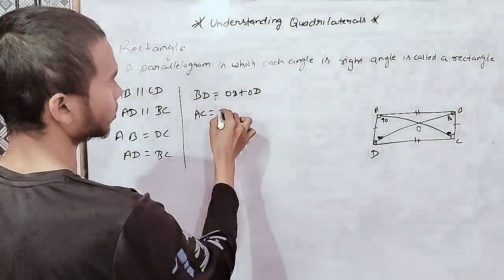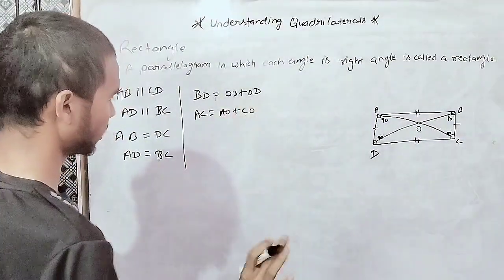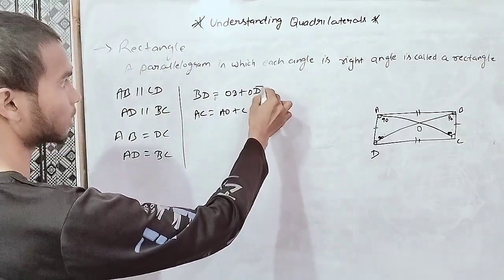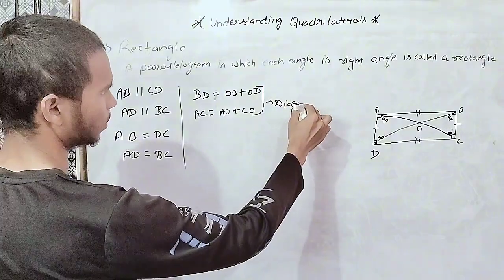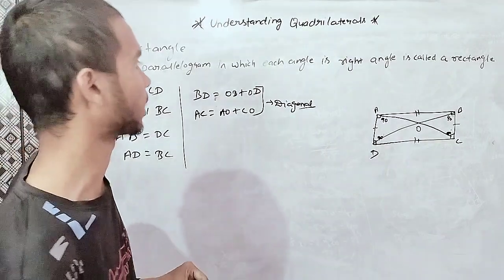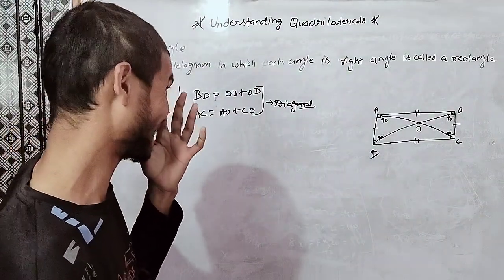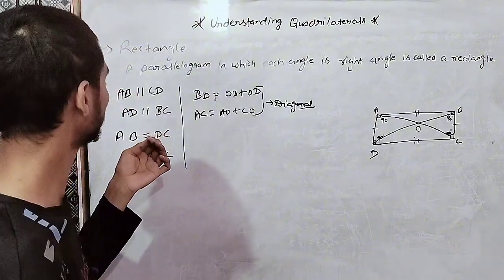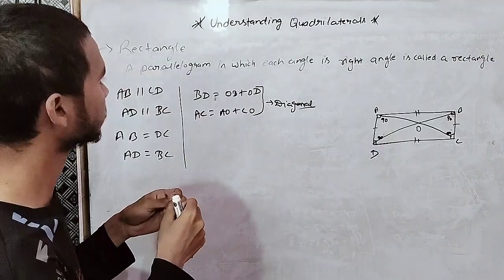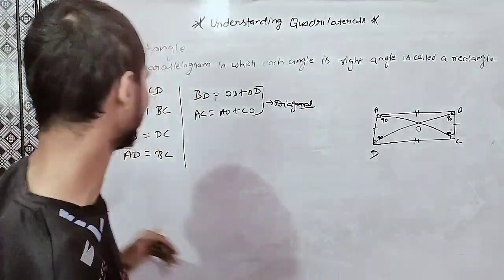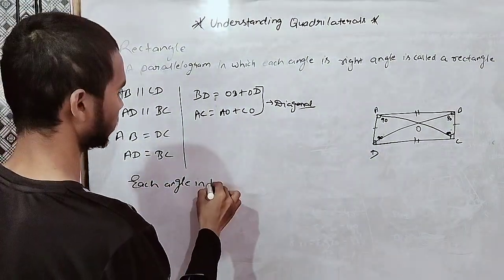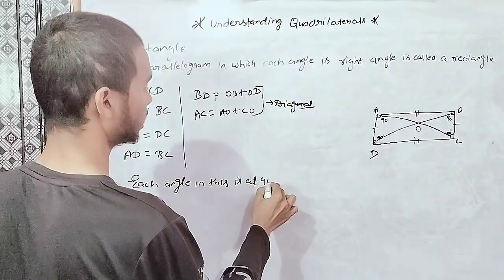Then next AC, AO and CO. This is a diagonal, okay? Diagonals of a rectangle. AD, BC. What else? Yeah, angle. Each angle in this is 90 degrees.